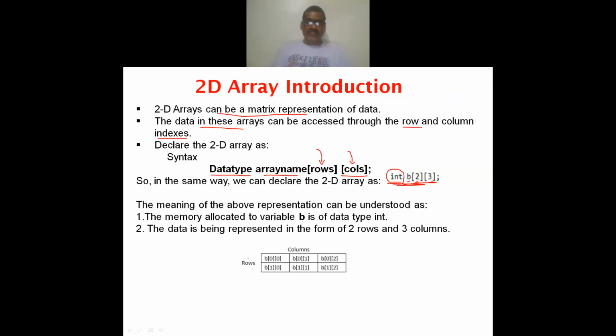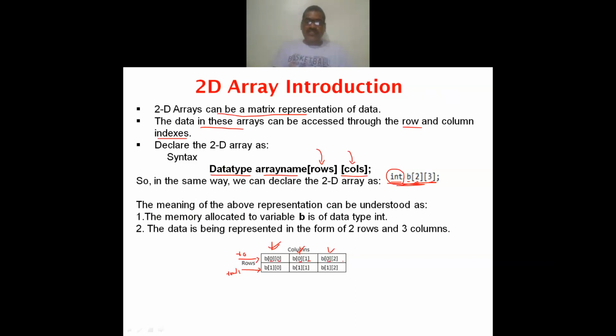Basically, this is row 0 and this is row 1. The horizontal ones are called rows, and the vertical ones are called columns. So this is column 0, column 1, and column 2. We specify elements with two subscripts: row 0, column 0 is b of 0 comma 0; this is b of 0 comma 1; this is b of 0 comma 2.